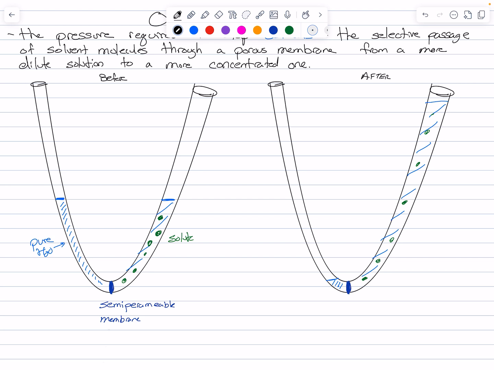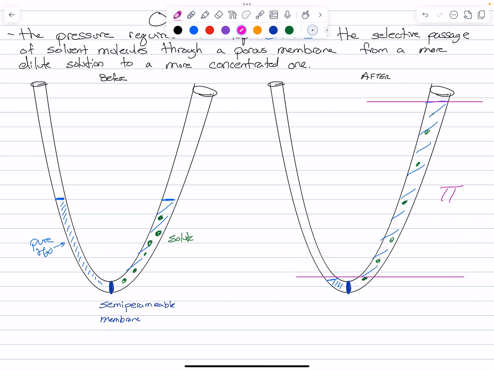All right, and the difference here, right, what's going on is, oh, let me make that a little taller. Perfect.